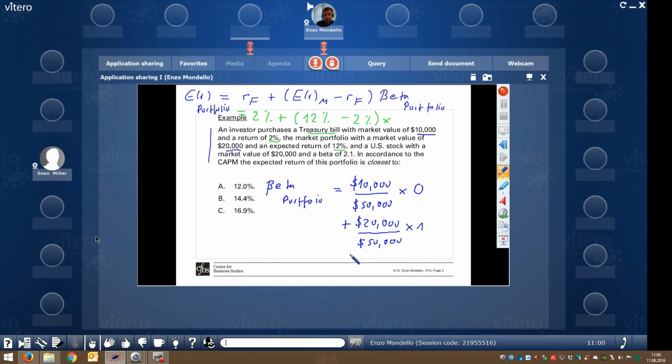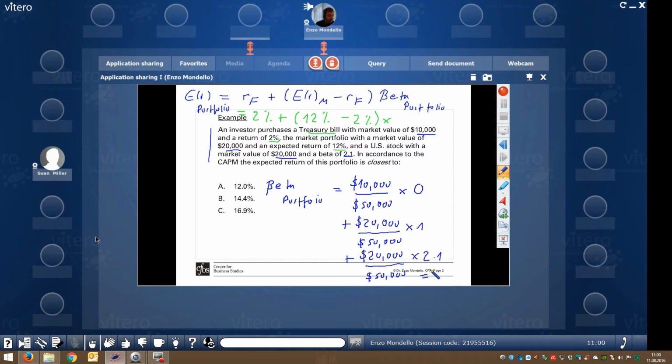So times 1 plus the market value of the US stock, which is $20,000, divided by the market value of the entire portfolio of $50,000. And we know, right, from the question that the beta of the stock is 2.1, so times 2.1.